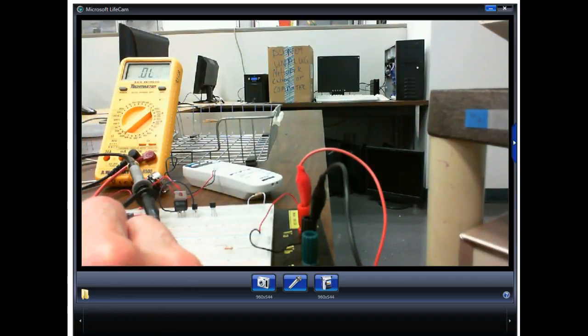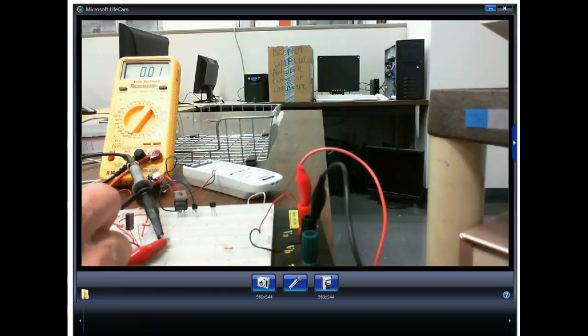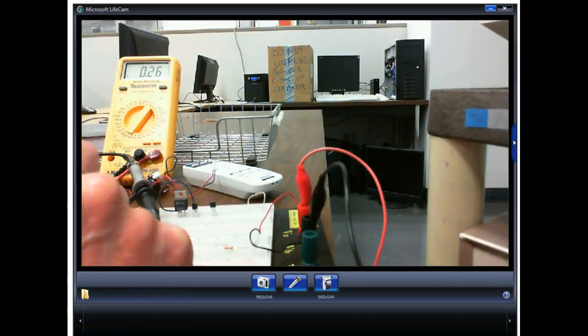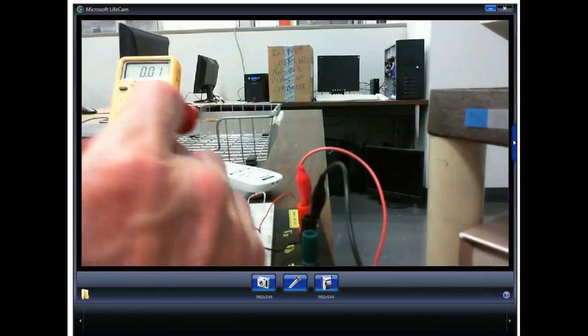Let's check our power supply. It's still sitting up here at 9.8 volts. It hadn't changed. So this guy here dropped down to 900 millivolts. Emitter is going to go to nothing. Yeah, something doesn't look right, guys.